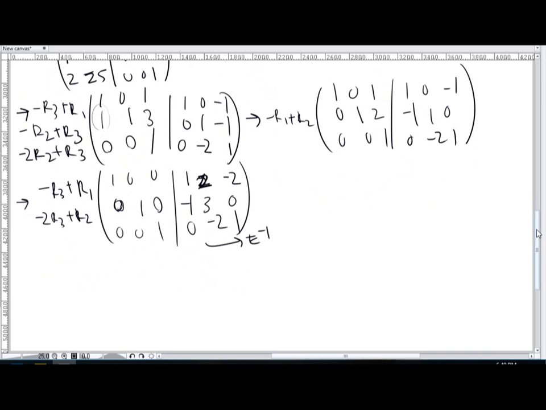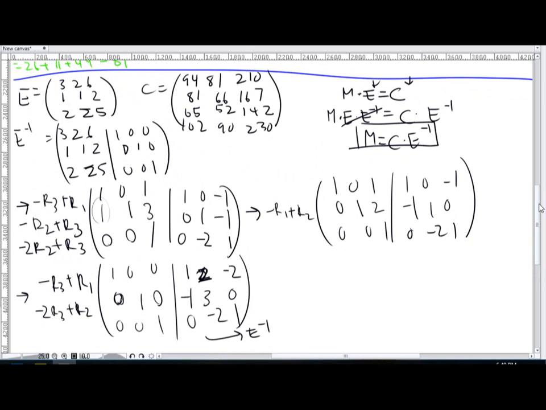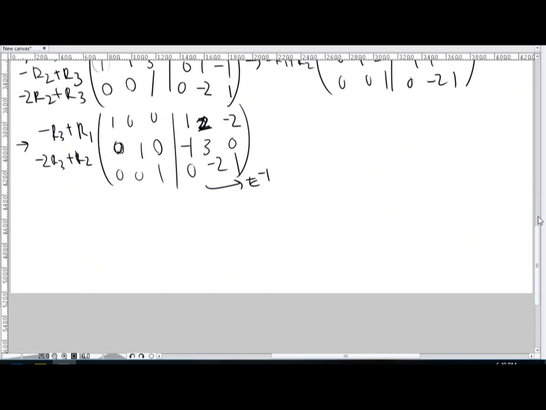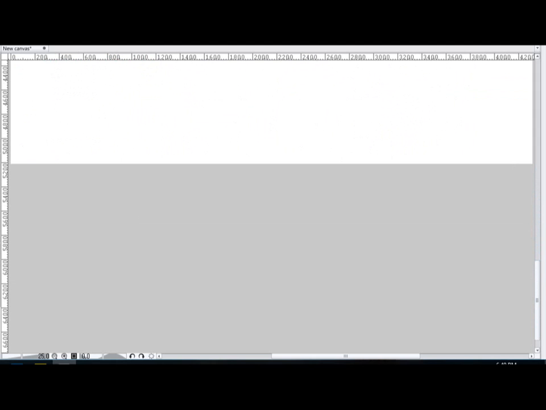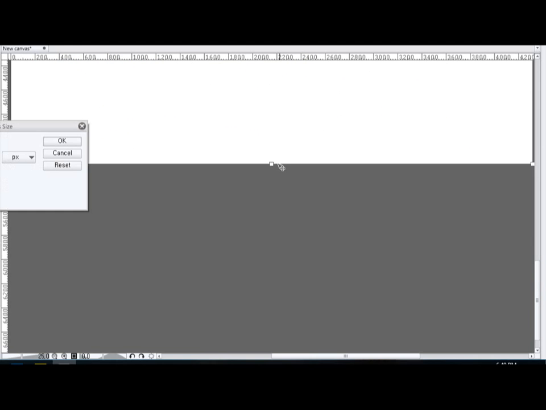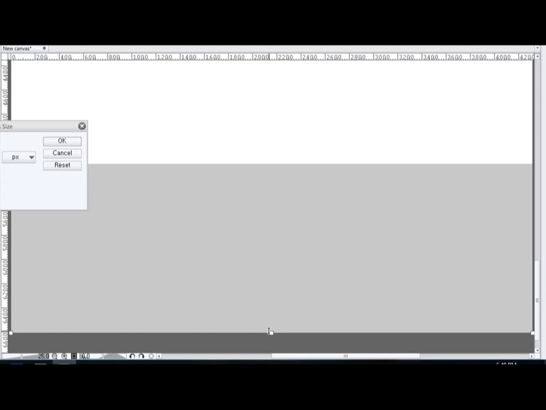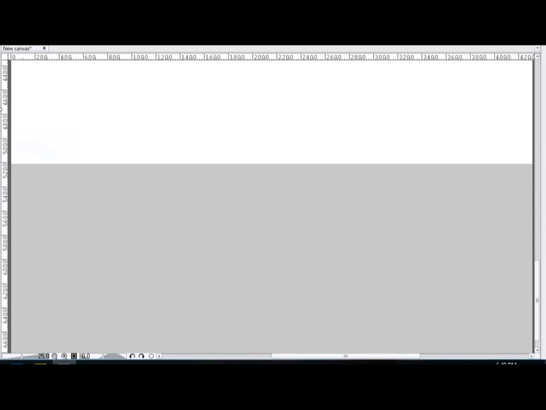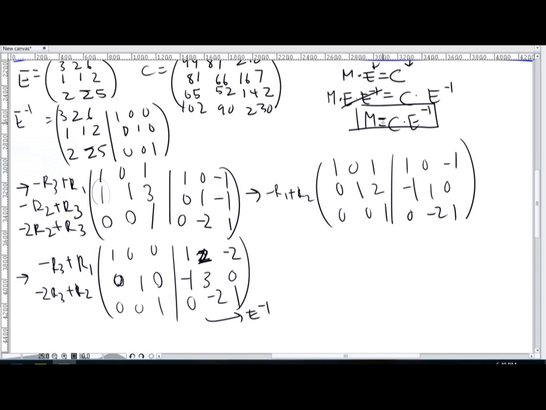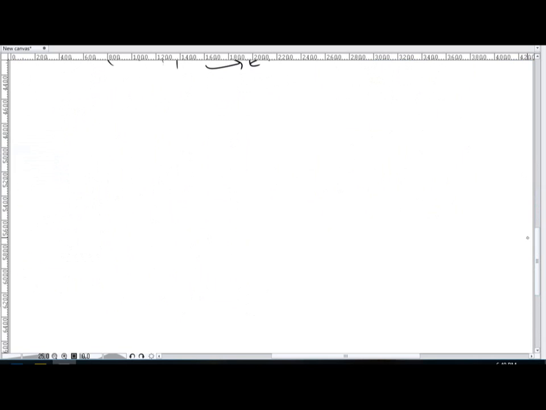So we just have to multiply this to C to get our message, and we have to do it in the correct order. M equals C times E to the -1.